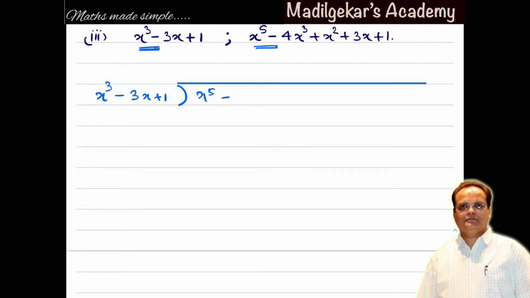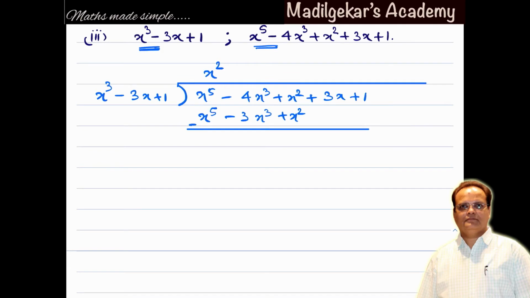Dividend is x raised to 5 minus 4x cube plus x square plus 3x plus 1. The first term to be multiplied with x cube is x square. So we get x raised to 5 minus 3x cube plus x square.